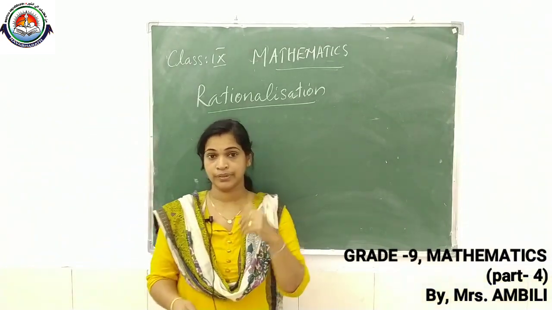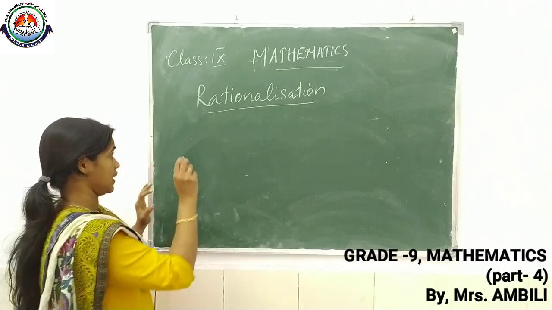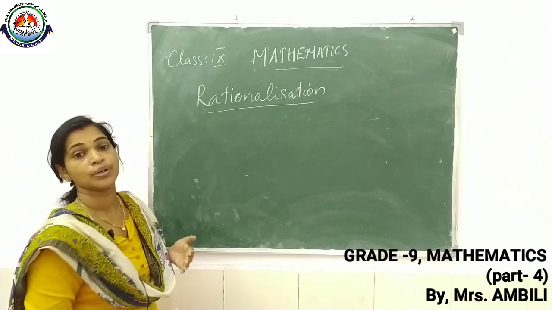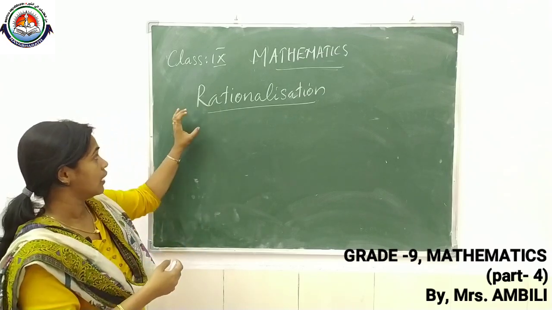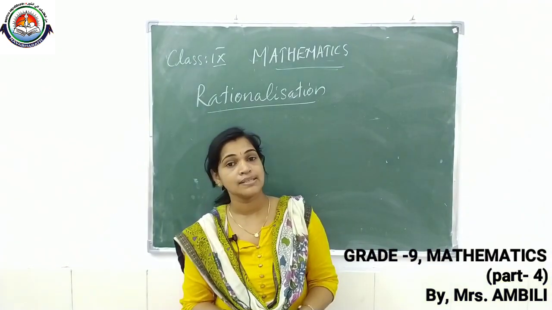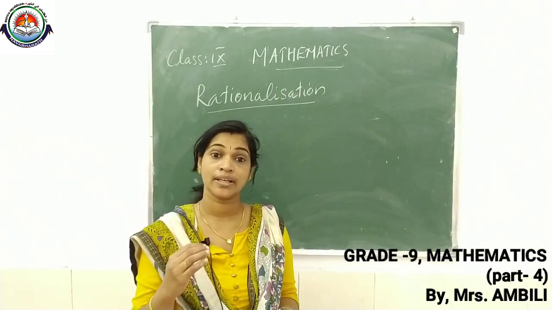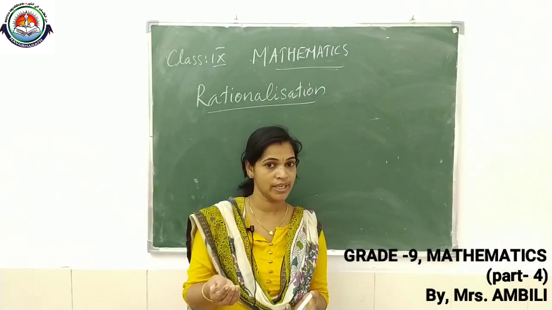So the first thing is that we need to change the irrational denominator into a rational denominator. To be in simplest form, we need to change the irrational denominator into a rational denominator.